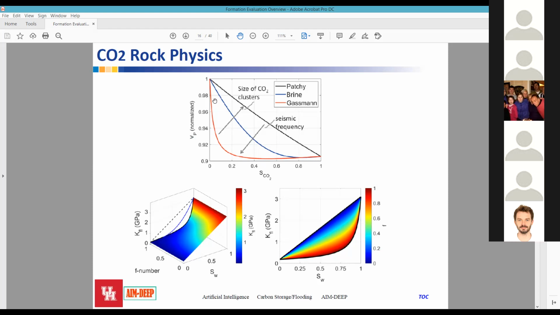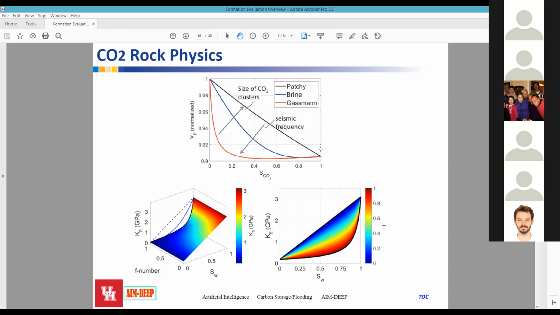And then we have normalized seismic velocity on the vertical axis. Basically, that blue curve here in the middle shows the saline aquifer. By increasing the CO2 injection, we are going to have a big change in the seismic velocities. It started from 1 here when we have 0% CO2. By 100%, you see there is a big decrease in the seismic velocity from left to right.